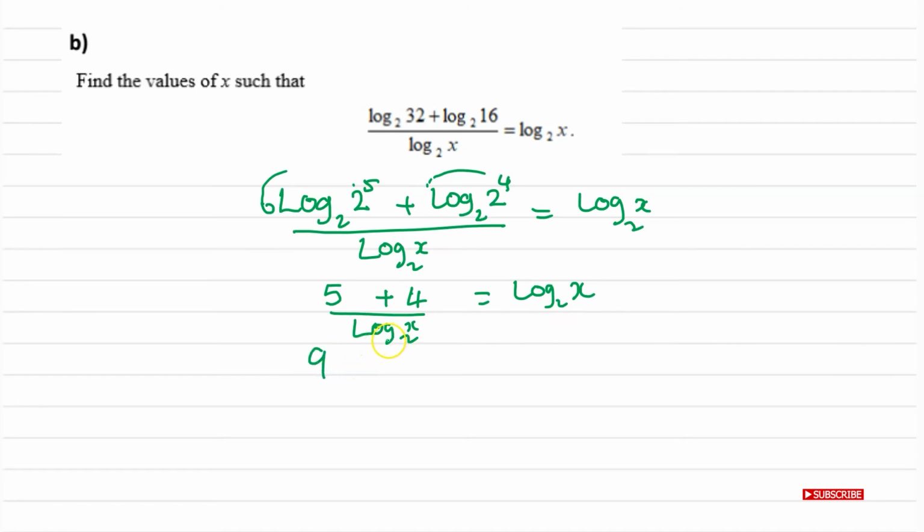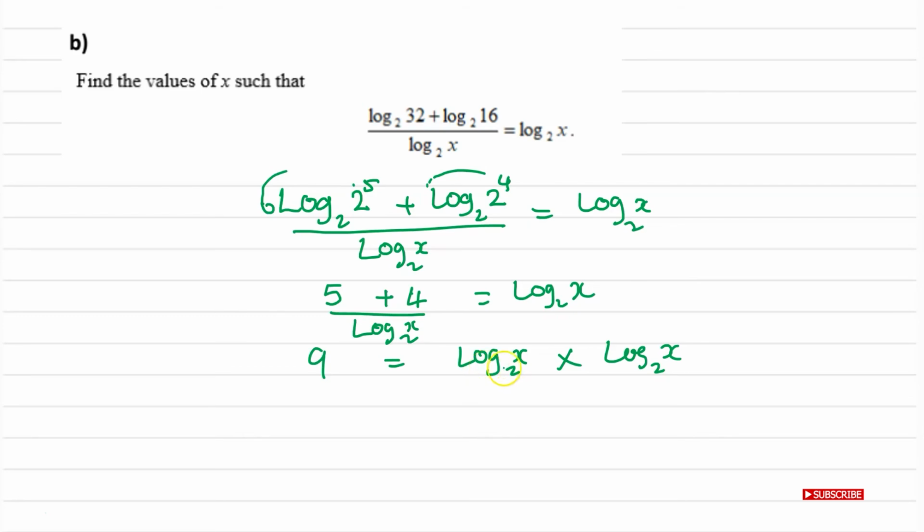Now I can multiply both sides by log x to the base 2 in order to get rid of this, which means I'm going to have something like this, log x base 2 times log x base 2. Now don't make the mistake of saying this is equal to log x plus x.